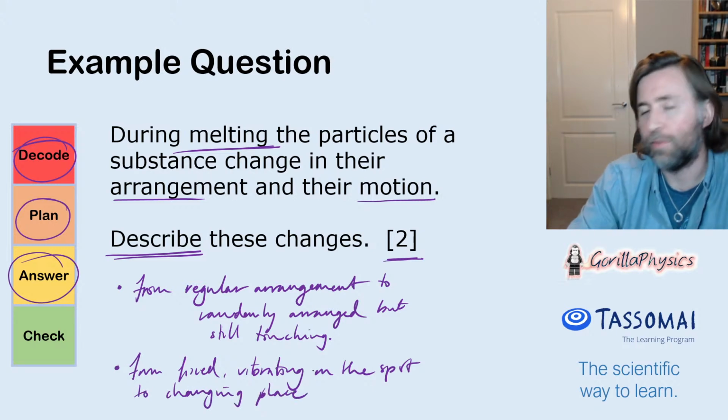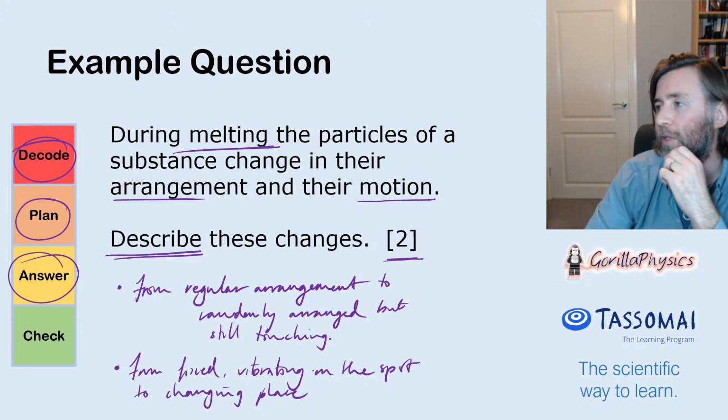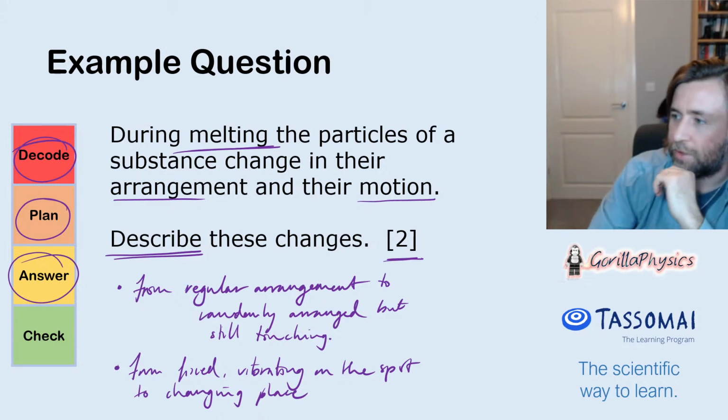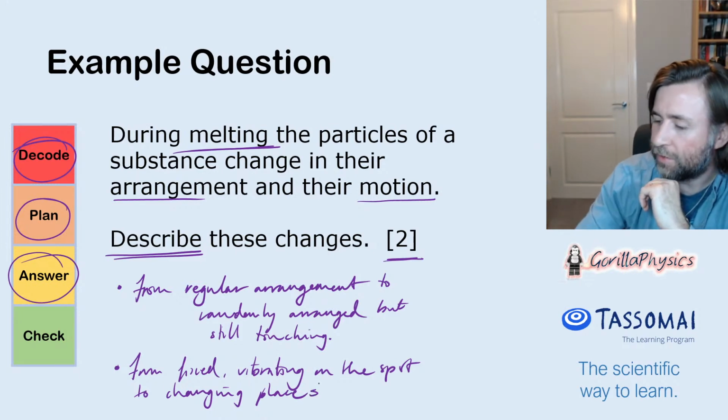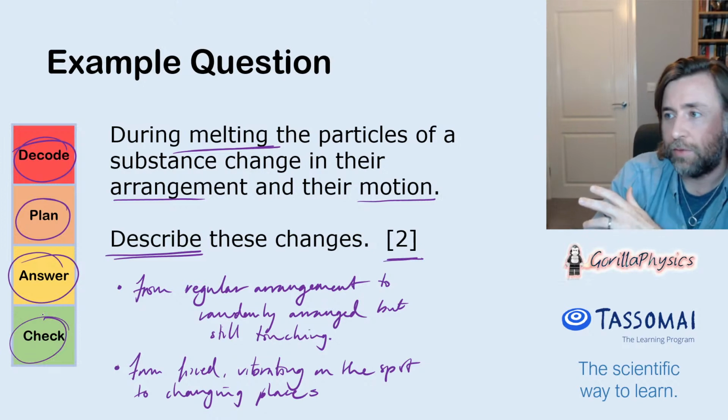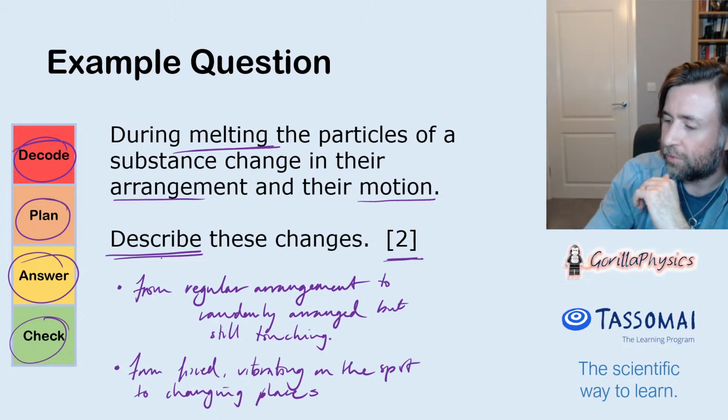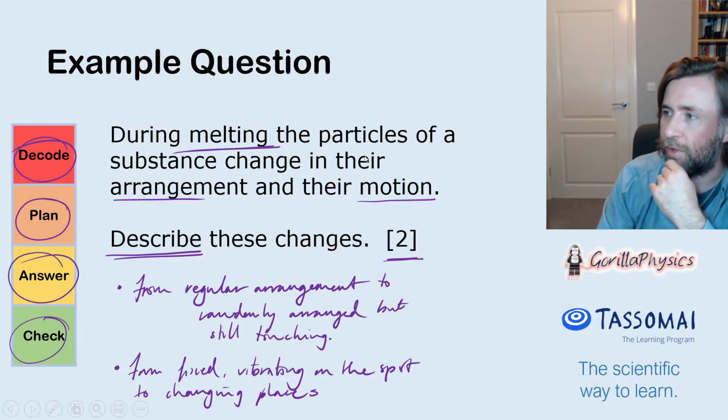We sometimes describe that as sliding over each other in a liquid. So they are touching, but they're changing places. And now the last step is check. Have we done everything we've been asked to do in the question? We've been asked to describe these changes, and the changes we've been asked for are the arrangement and their motion. So yes, we have done everything in the question.